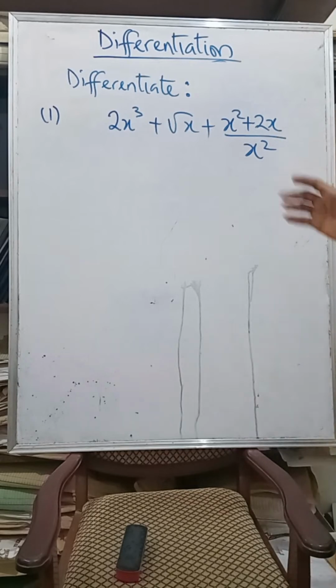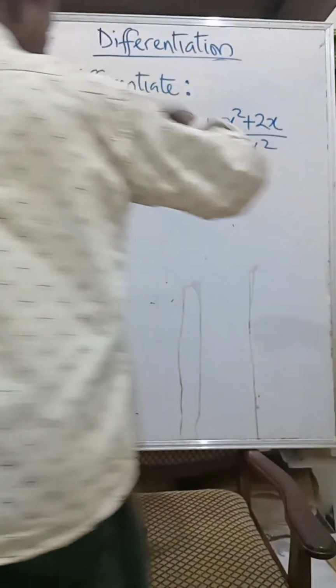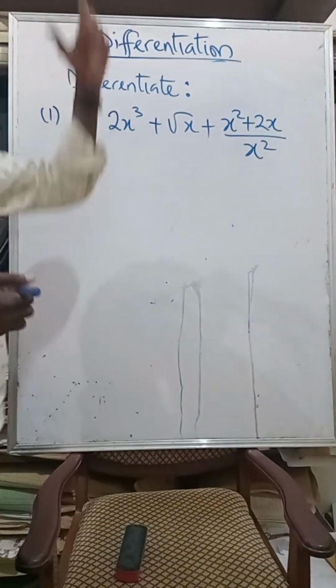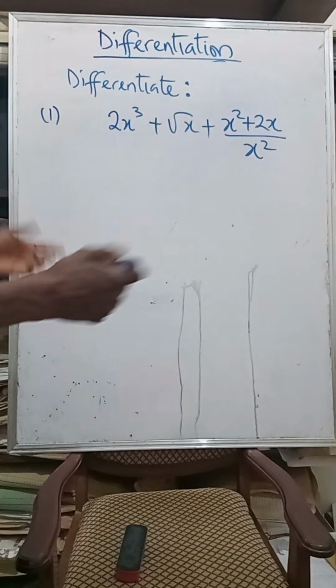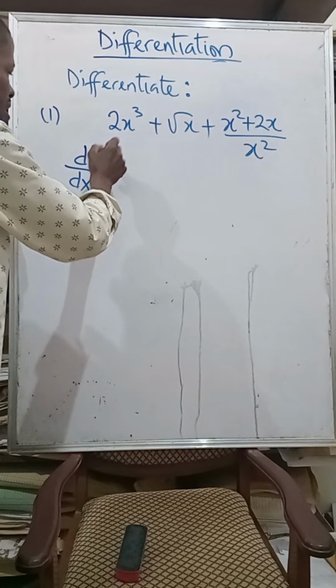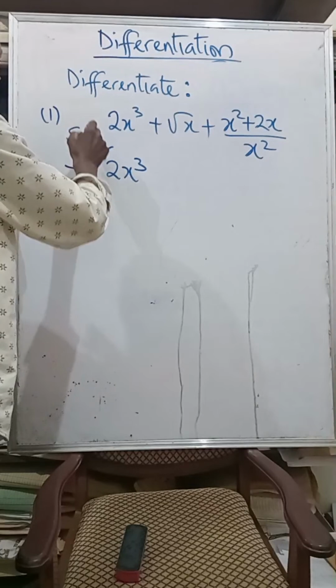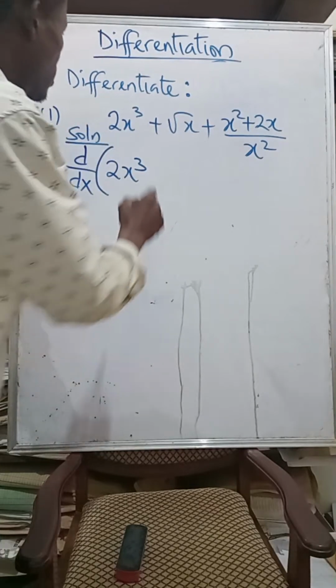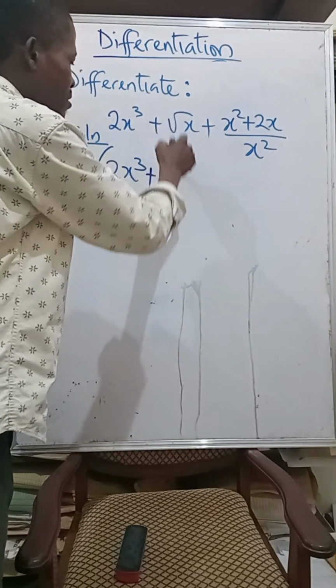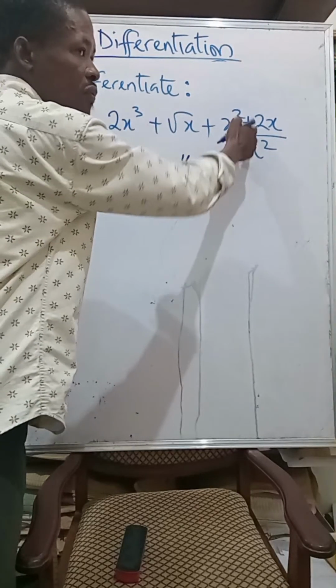Before we can do this, we need to do the algebra. If we like, we can give it a name. You can call this y if you like, and if you don't like, you can just say d/dx of the given function. So that's the solution. 2x cubed plus, remove the radical, that's x to the power half, and then plus, do the algebra of this one.